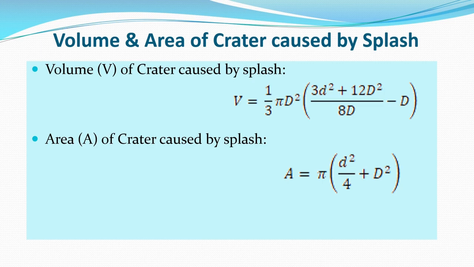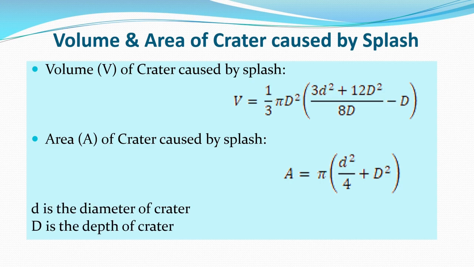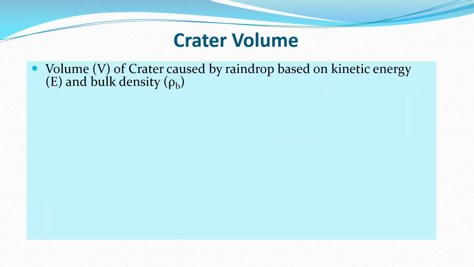Area of crater caused by splash is A equal to pi in brackets d square divided by 4 plus d square, where small d is the diameter of crater and capital D is the depth of crater.